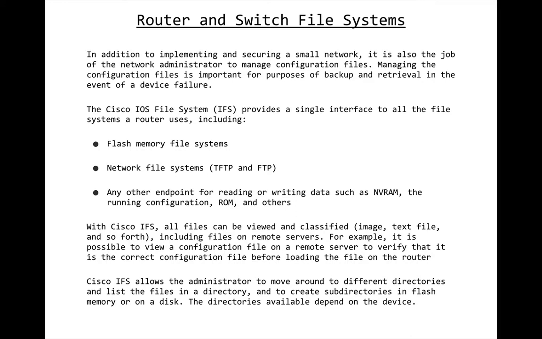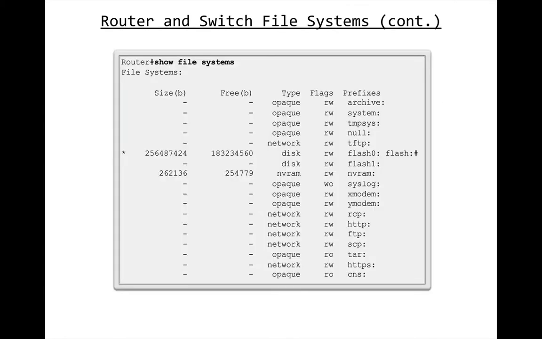So in IFS, we do have text files, which would be like a copy of the running configuration, for example. What they're calling image files are binary files that contain IOS images for various network devices that you might have. And with these file systems, you're able to move around them, similar to a file system on a computer.